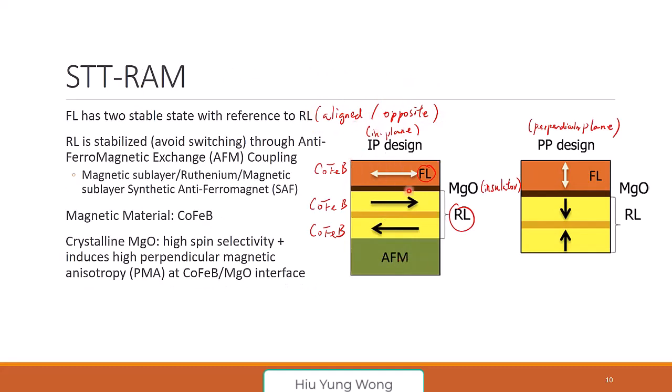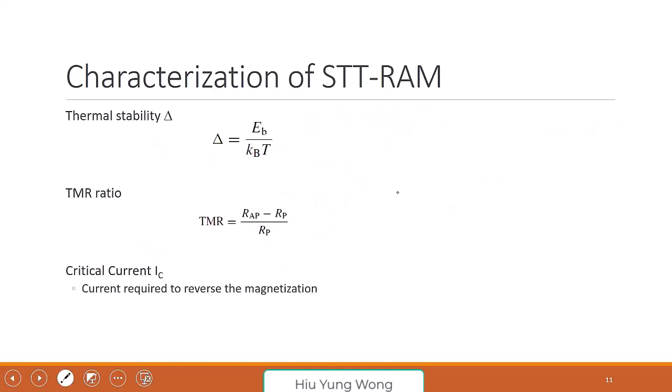We are not going to derive the equation, but as I told you, there are some characteristics that are important, some characteristics we need to know about the STT RAM.